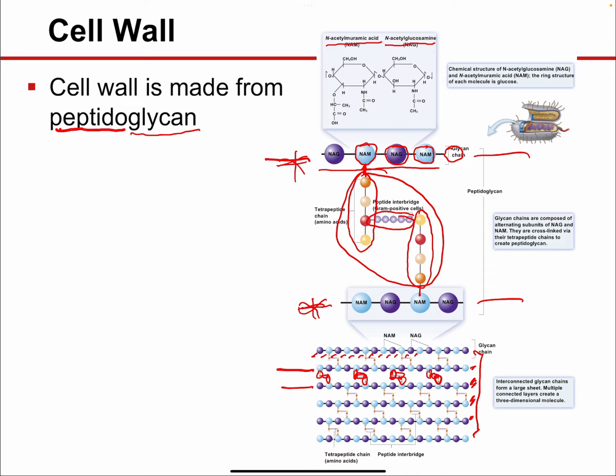And now, we were saying earlier that penicillin targets the synthesis of the peptidoglycan. Let me tell you this. What penicillin is actually targeting in the process of the synthesis of the peptidoglycan is the formation of this interbridge right here.